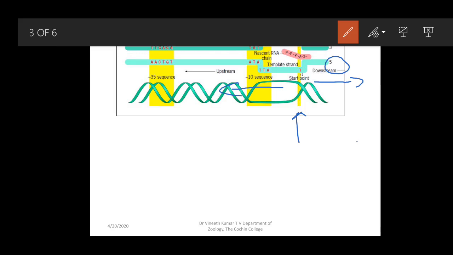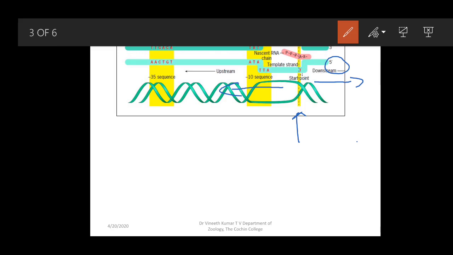In a diagrammatic representation, from the start point, the sequence towards the left is considered upstream, and towards the right is downstream, provided the left side is the 3' end and the right side is the 5' end.